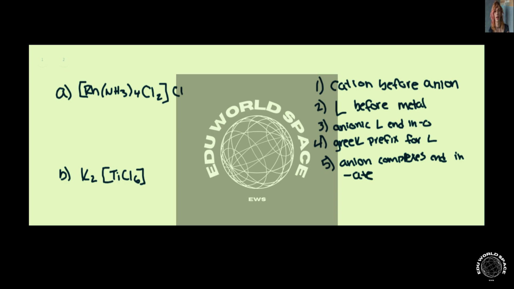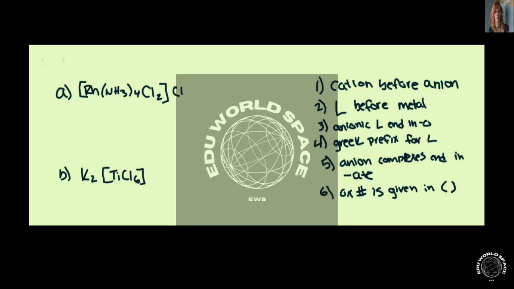And the sixth rule is that the oxidation number for the metal is given in parentheses.